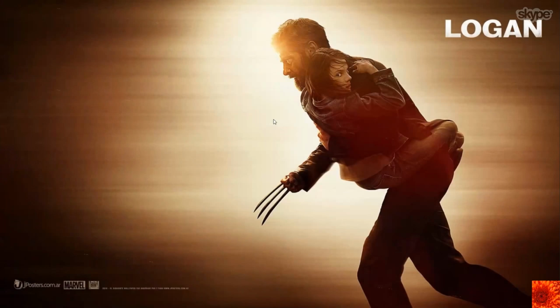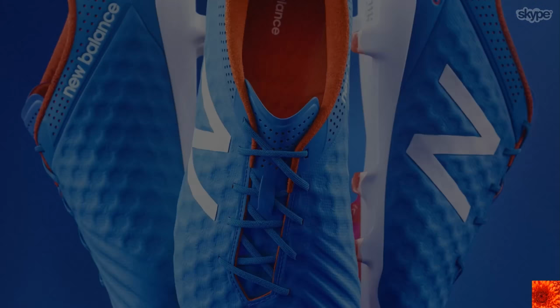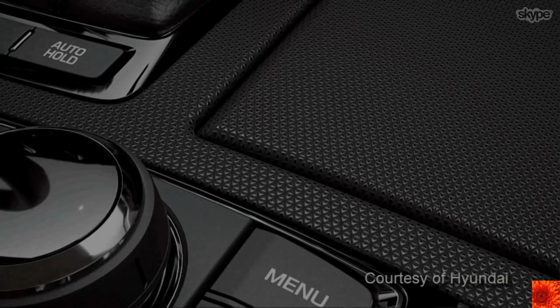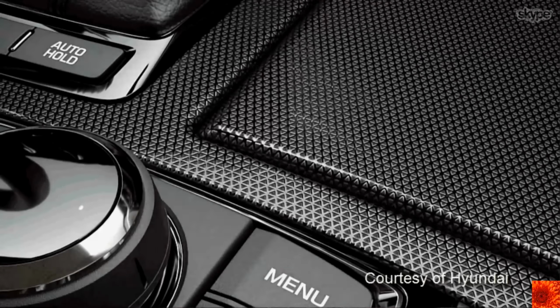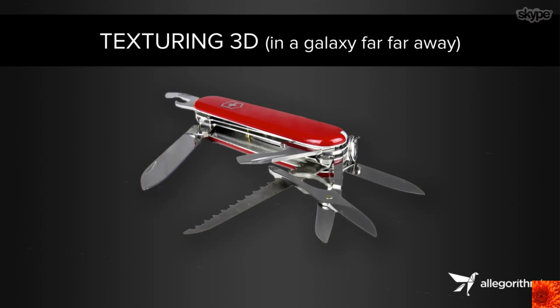But we're also in movies, in product design, like this one with Hyundai, for example. And we're also in different fields like architecture, where we are growing fast. But today we are going to focus more on real time rendering, though it's not exactly video games.